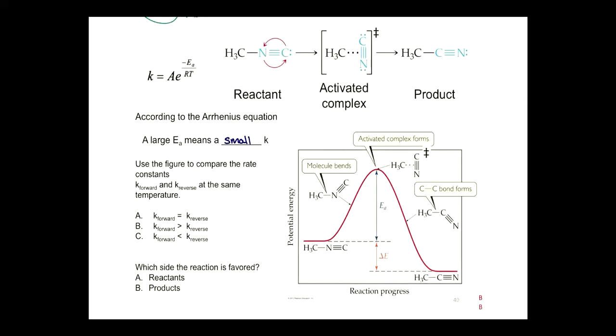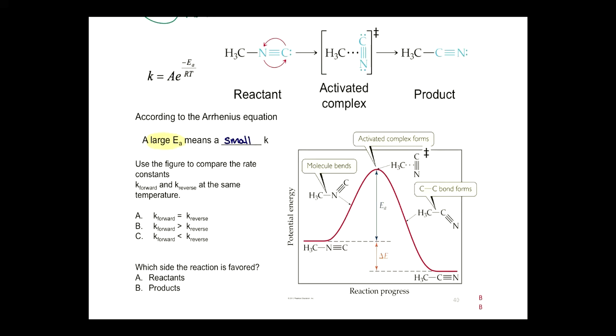And so let's think about this reaction in both the forward direction and the reverse direction. What we saw from the Arrhenius equation is that typically reactions that have very large activation energies, really tall hills, are slow reactions.